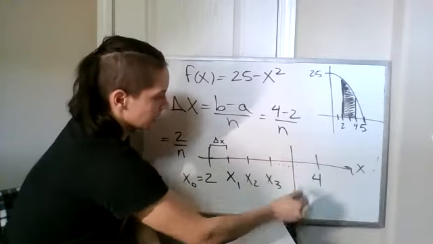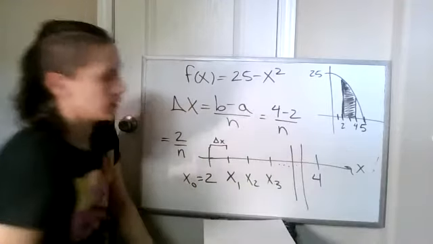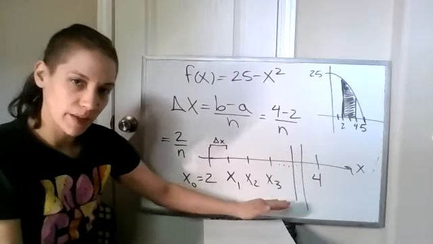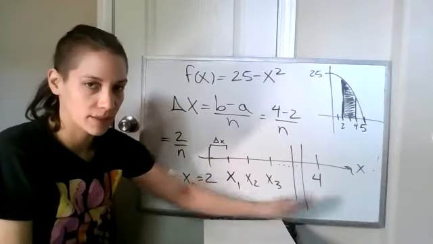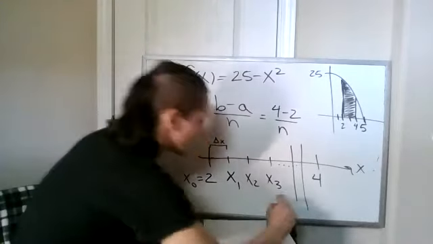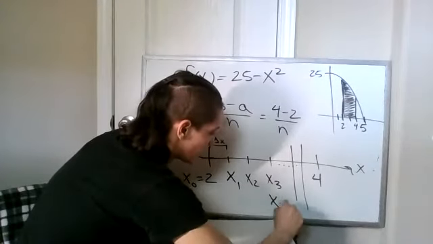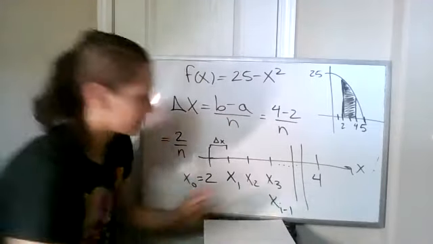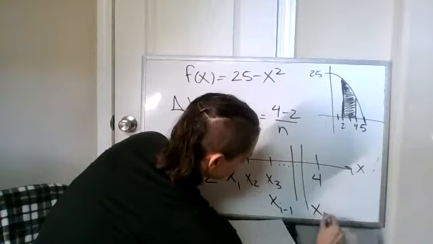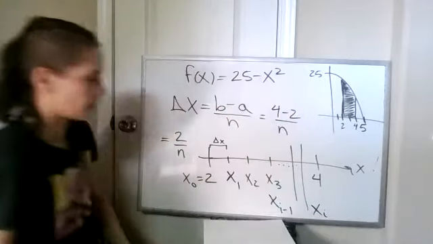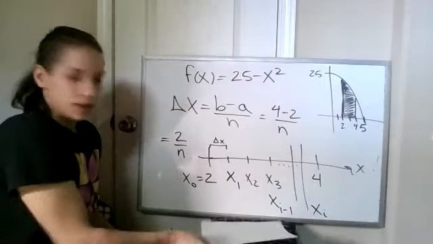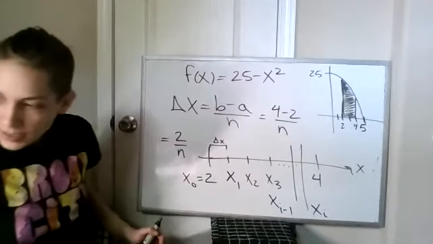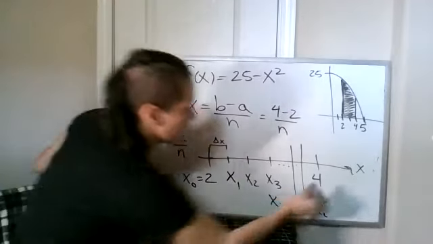Let's squeeze in an x of i minus 1 and up to x of i. So the previous value, x of i minus 1. Then after that is x of i. Until you reach the last value, x of n.